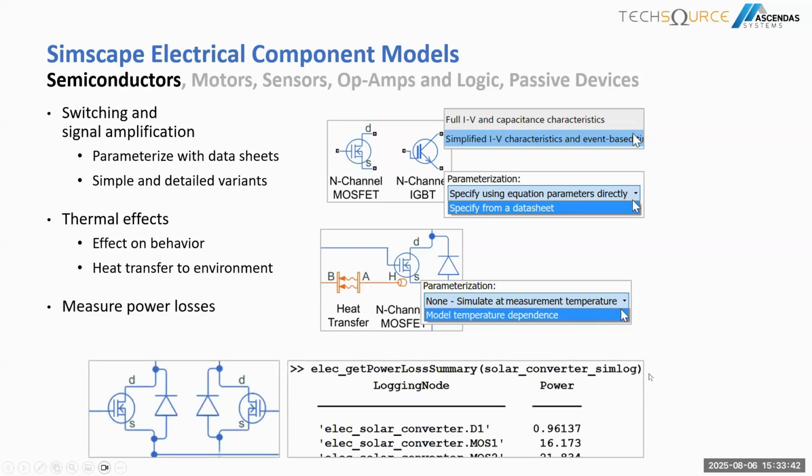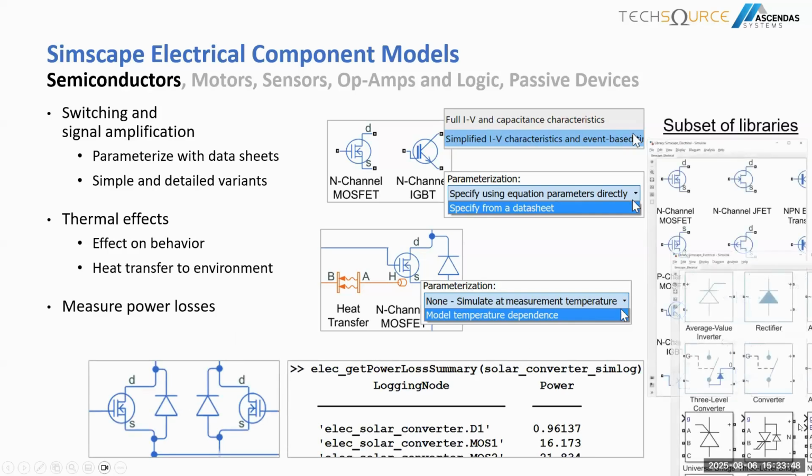Within that, you are able to easily measure power losses, for example. There are a lot of subset libraries, as I'm showing here, so you can easily develop your systems. There are a lot of semiconductor capabilities in Simscape Electrical.